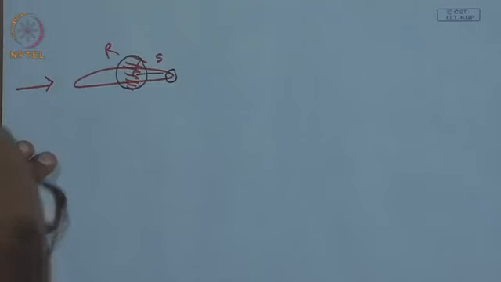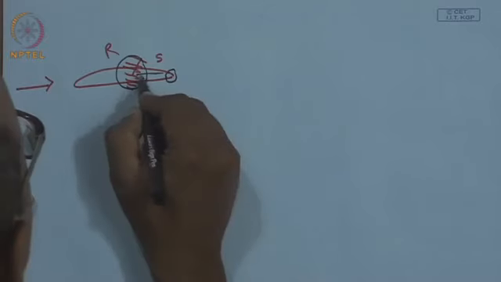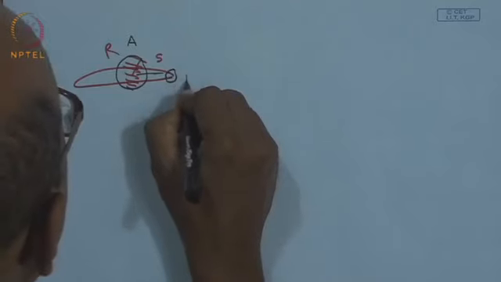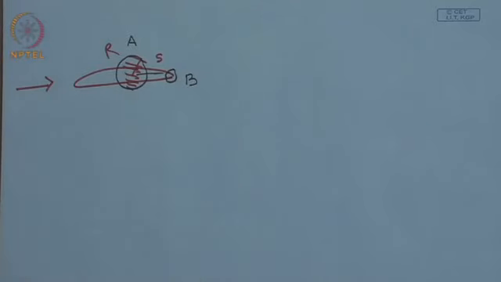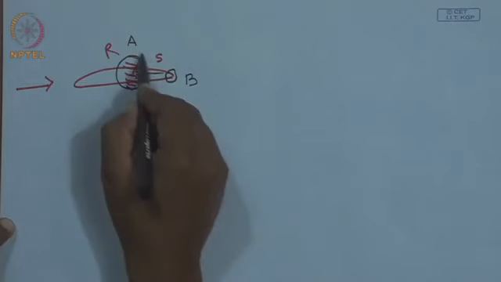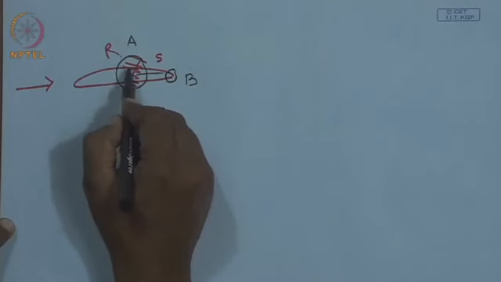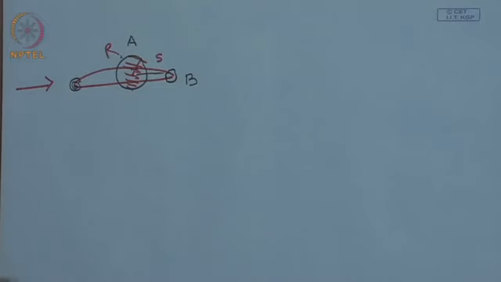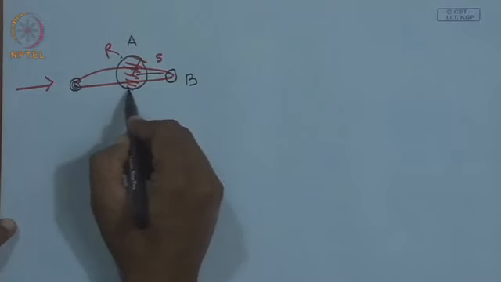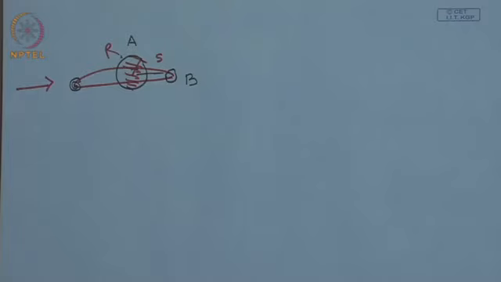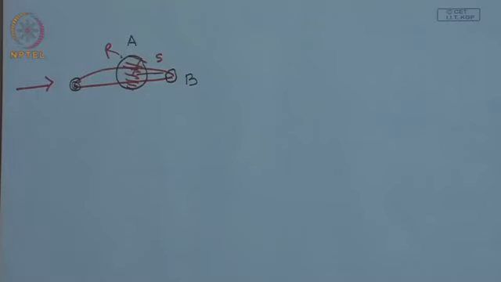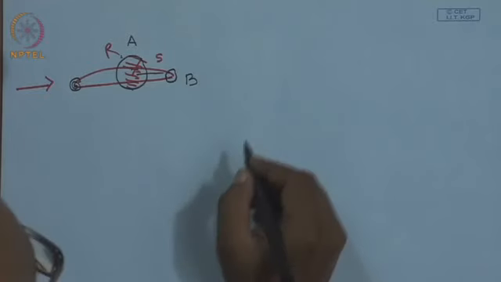Let us call this A and this B. When B is behind A, it is completely eclipsed, and then it comes around and you can see both the stars, and then B comes in front and it obscures a part of A, and then again it moves out. So, the question is, what will the total light that comes from this system look like? This is what is called the light curve.